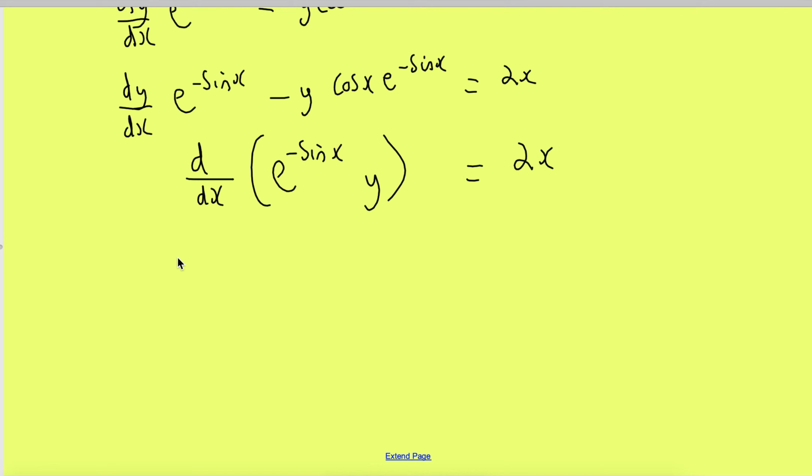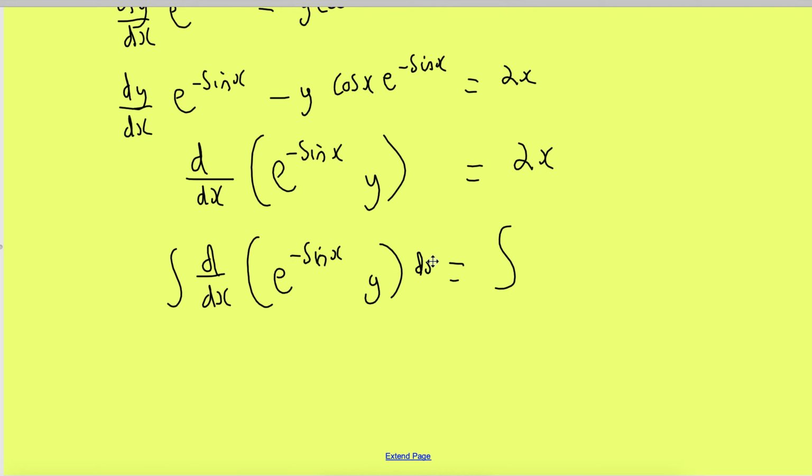So let's integrate both sides. Put my dx in there. Right, so same thing, these cancel off.